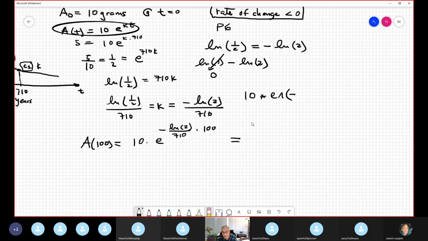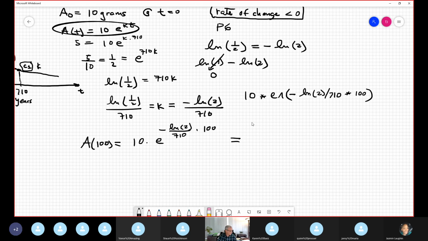Some students make a mistake and press the subtraction key. Wrong. Natural logarithm of 2 divided by 17 multiplied by 100. Close the parentheses.